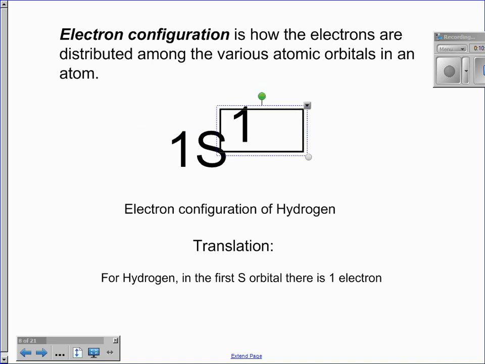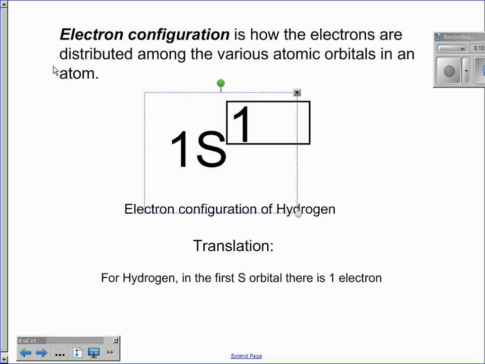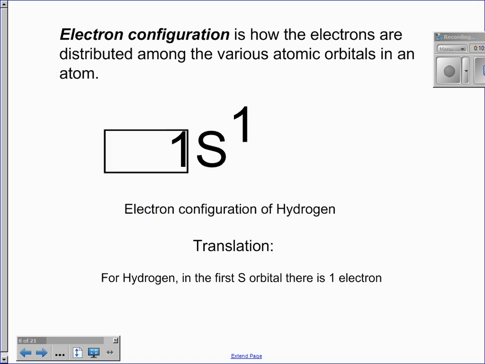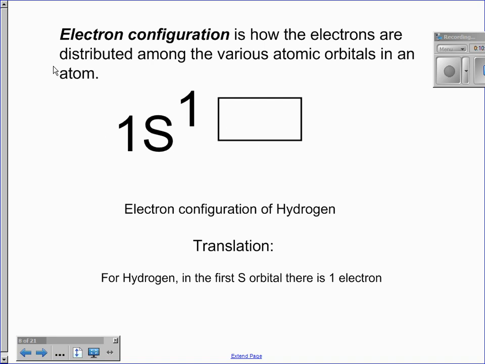This number right here represents the number of electrons in that first s orbital. There is 1 electron. And this is for hydrogen. So here's my translation again: for hydrogen, in the first s orbital, there is 1 electron.